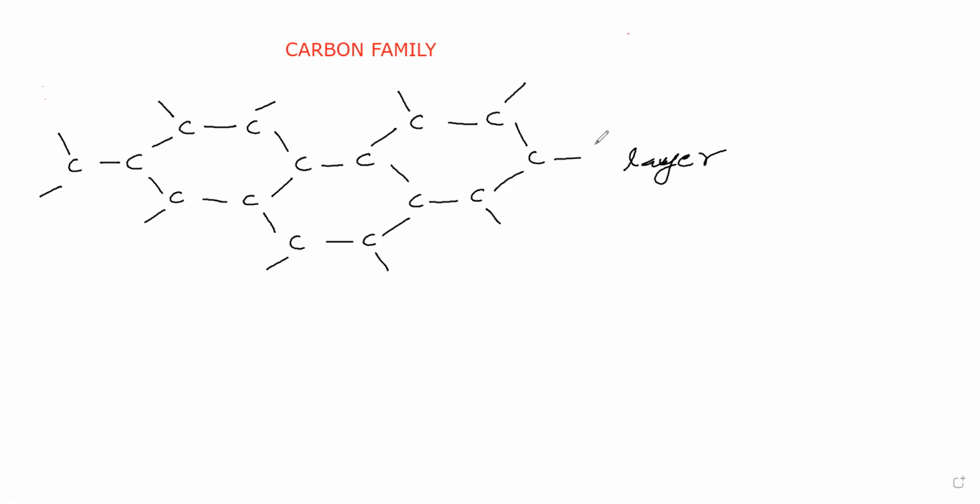Okay. Next we will take another layer. Here we have taken a carbon atom. It is making 3 bonds with other 3 carbon atoms. So like this. Each carbon is making 3 bonds.